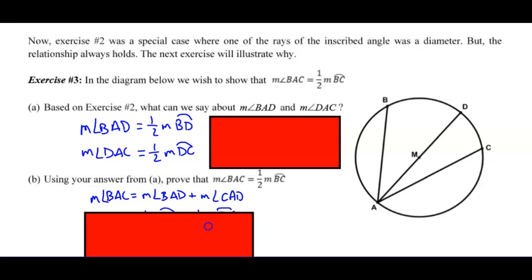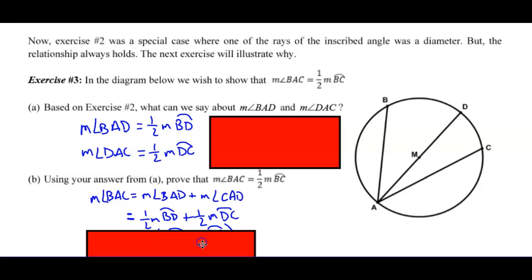All right, let's take a look. Angle BAC is going to be equal to the sum of those two angles, right? If I add this angle plus this angle, I get the whole thing. Now, we just said that angle BAD is half of an arc and CAD is half of an arc, so I'm just replacing those. That's legal algebraically.